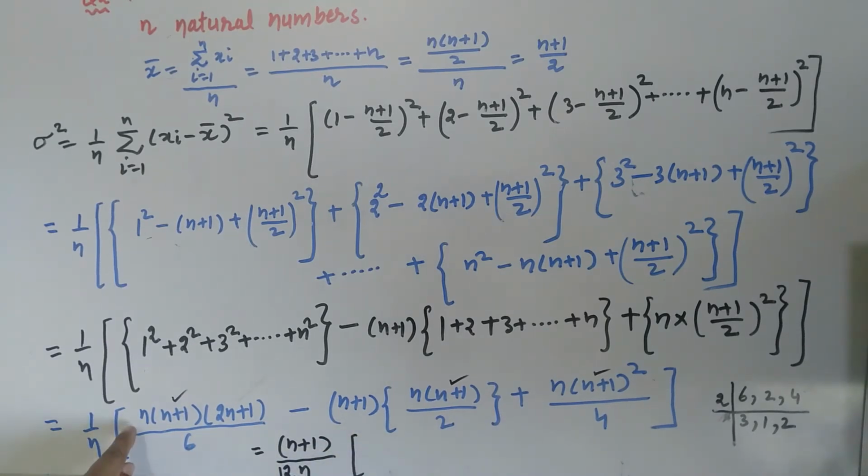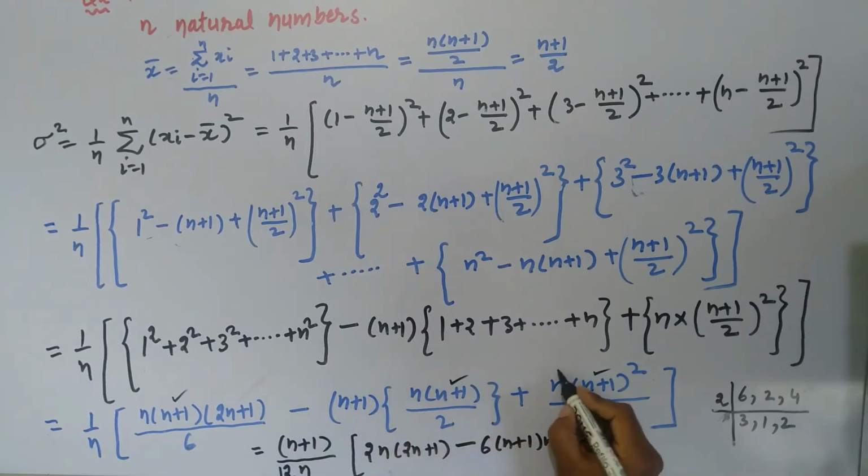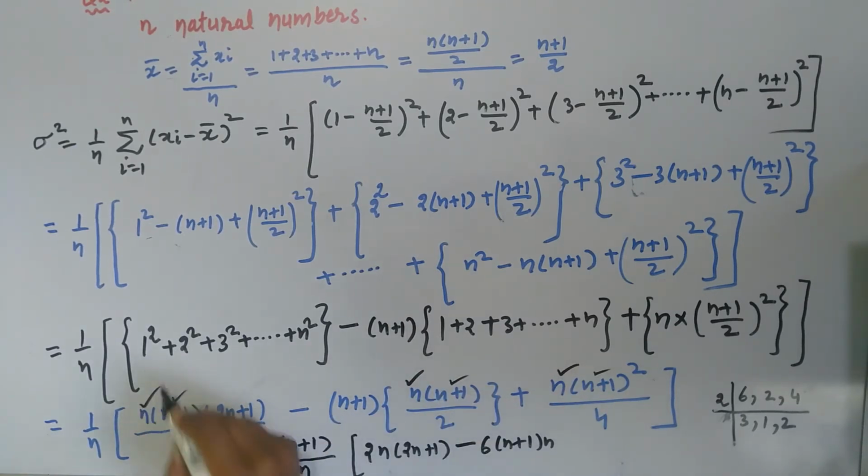So what are we left with now? 6 is there, 2 is needed: 2n into 2n plus 1. Here minus, out of 2, 6 is needed: 6 into n plus 1 into n. Okay. Moreover, we could also take n common outside because n is here, n is here, n is also here. So n is taken outside, right?